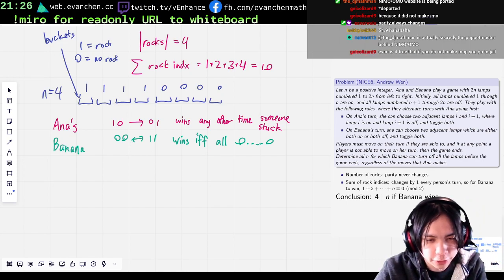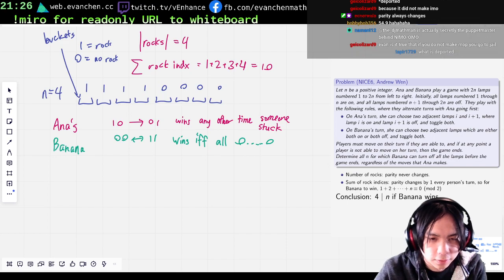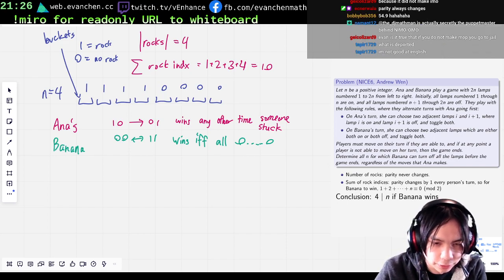Sorry, yeah, parity changes by 1. I guess parity changes is more accurate. So this one never changes. This one always changes.